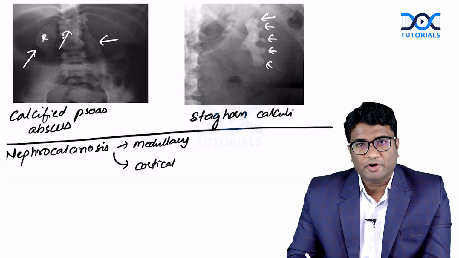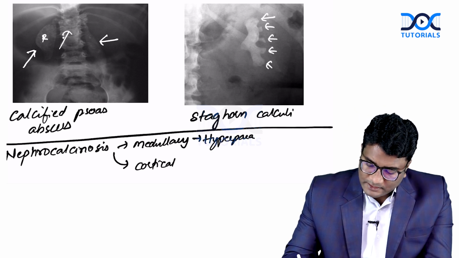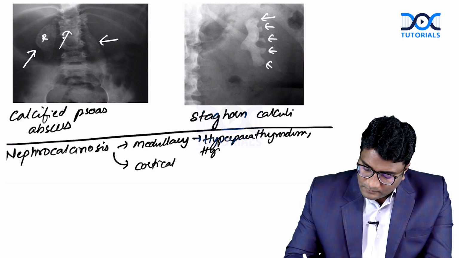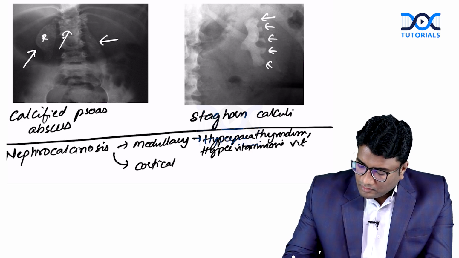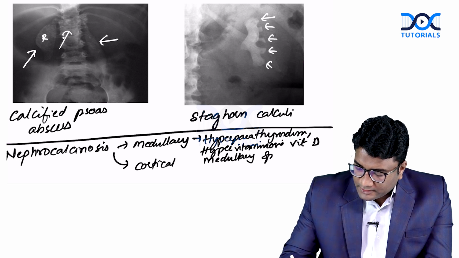But you will have a history of either hyperparathyroidism, or hypervitaminosis D, or it may be associated with medullary sponge kidney.